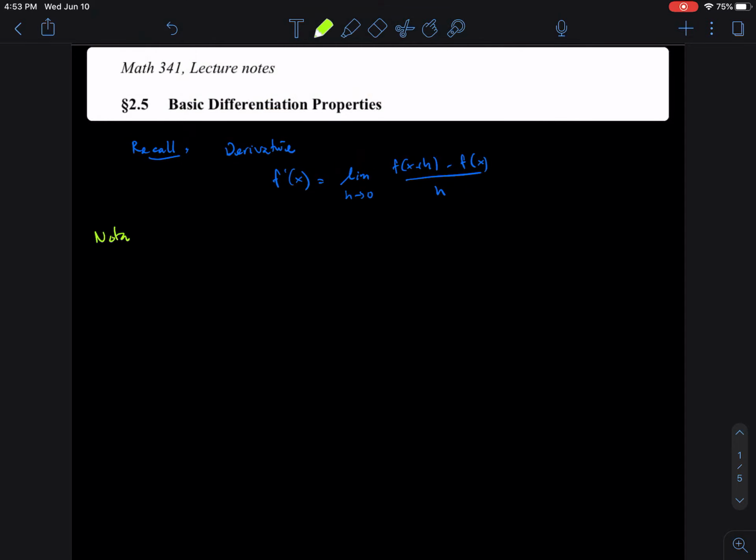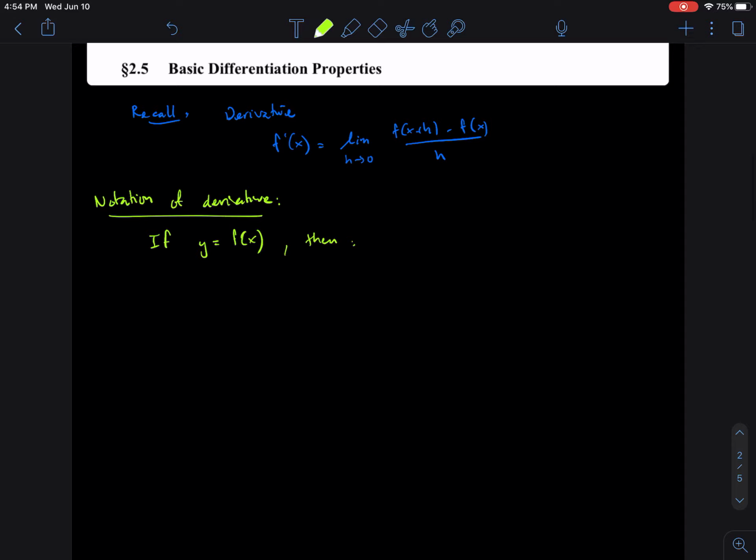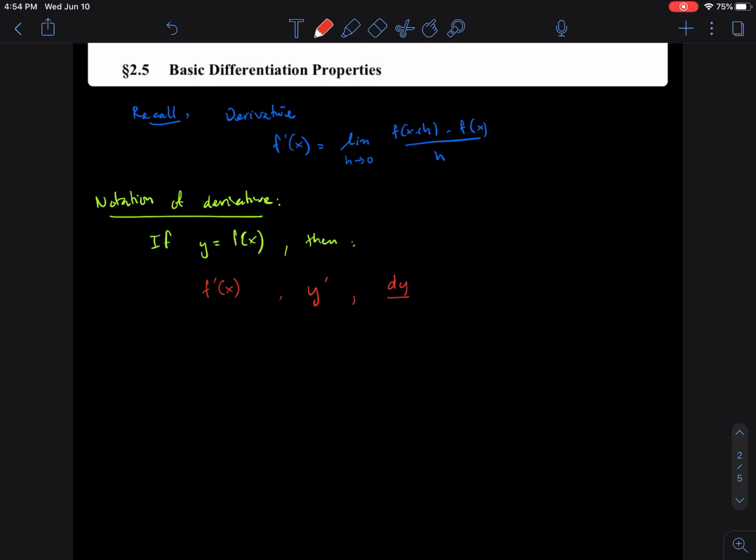Notation of derivatives. Okay. So if we're given a function y equal to f of x, then these following notations all represent the derivative. We can either say f prime of x will be the notation for the derivative, or y prime, since y equals f of x, or you can do the change of y over change in x, so dy/dx.